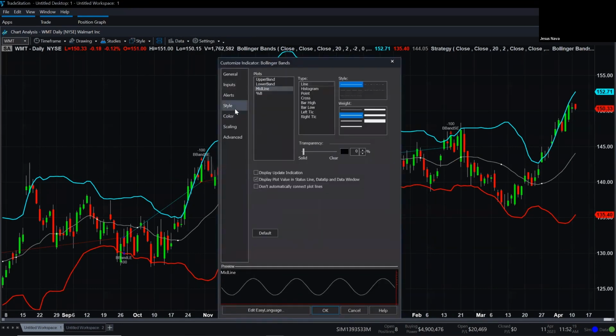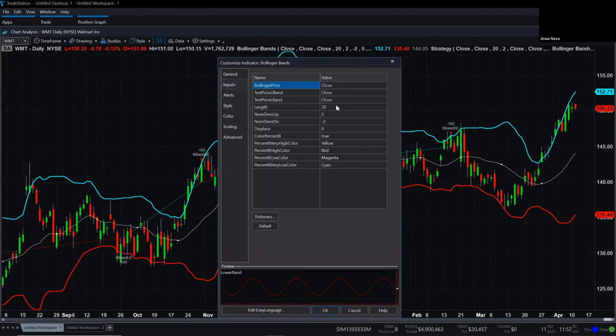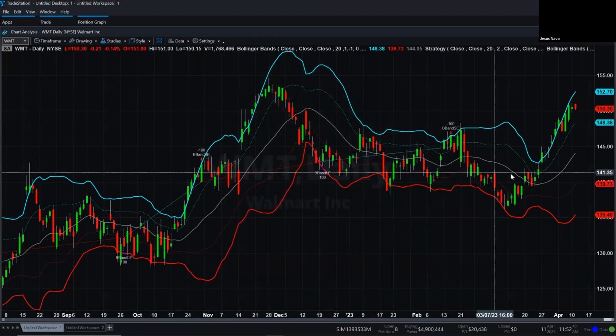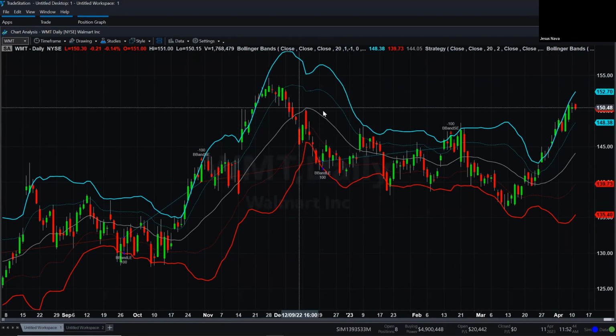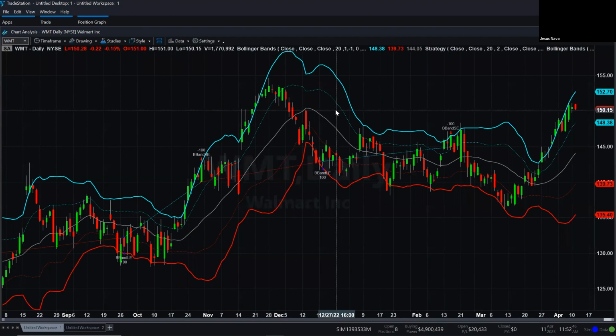I can go to Style here, make the upper band a dotted line and the lower band a dotted line. I can go to my inputs and make these 1 standard deviation, -1 standard deviation for the down, and there we go. So now, if you look at my indicator, I have additional standard deviations that can also be used in a more elaborate strategy.